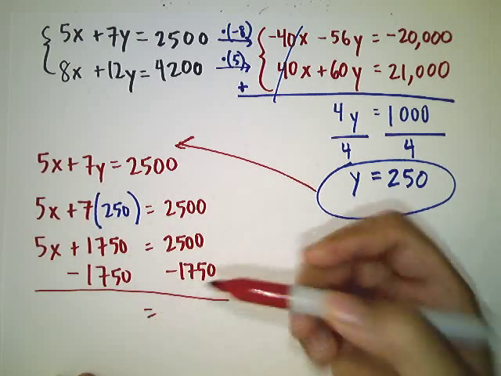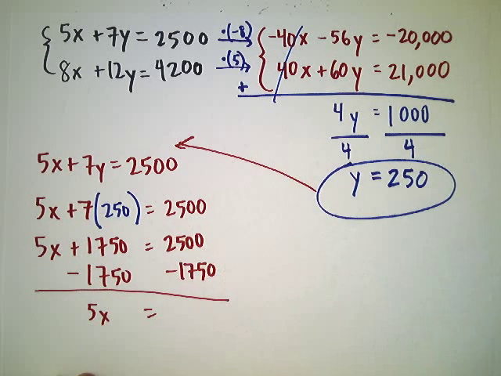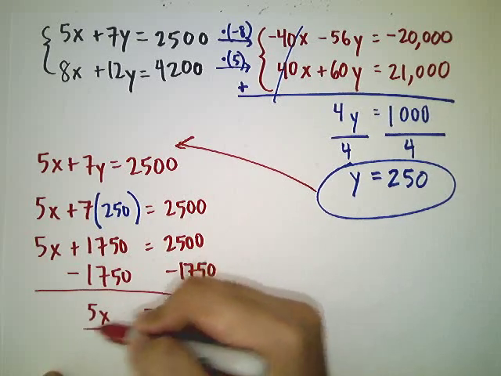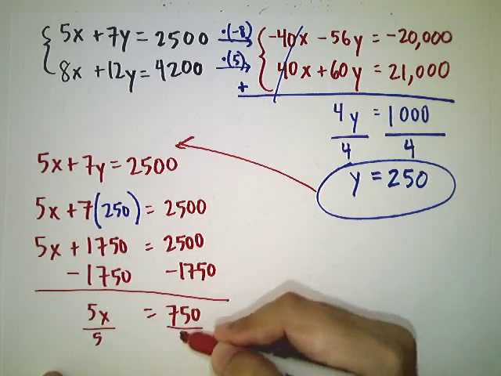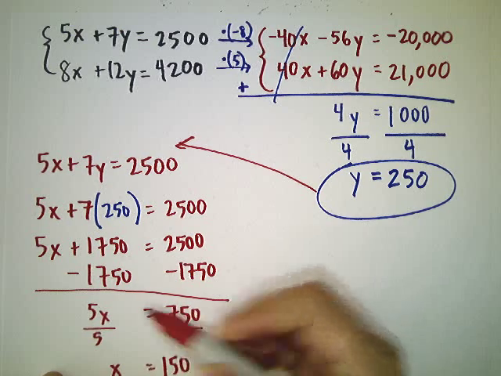On the left-hand side we have 5x, and on the right-hand side we have 2,500 minus 1,750, which is 750. Final step, divide both sides by 5. x is 150.